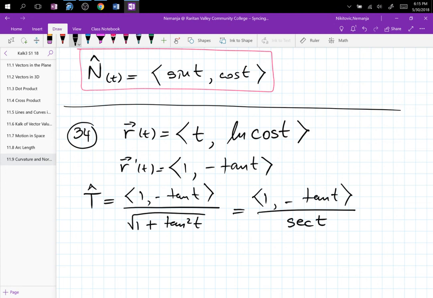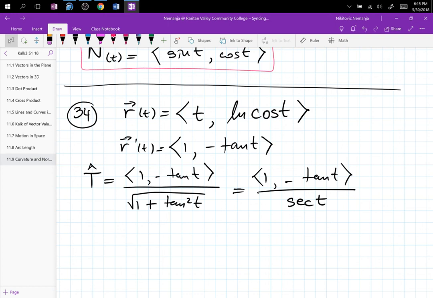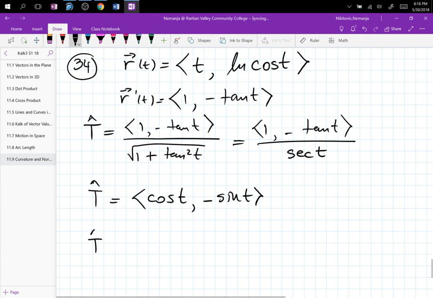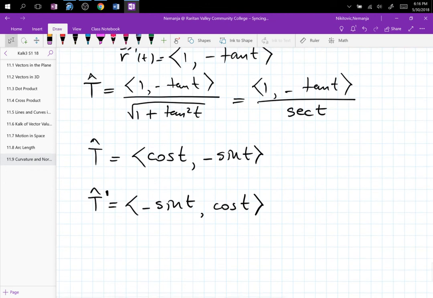Oh, yeah, you have the magnitude of that. So you're going to face... Yes.